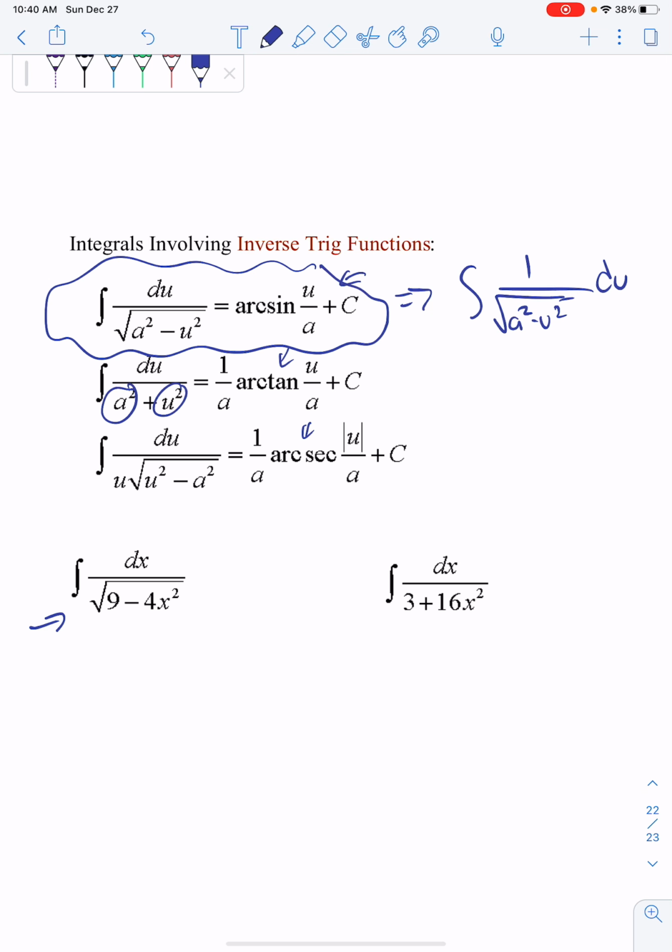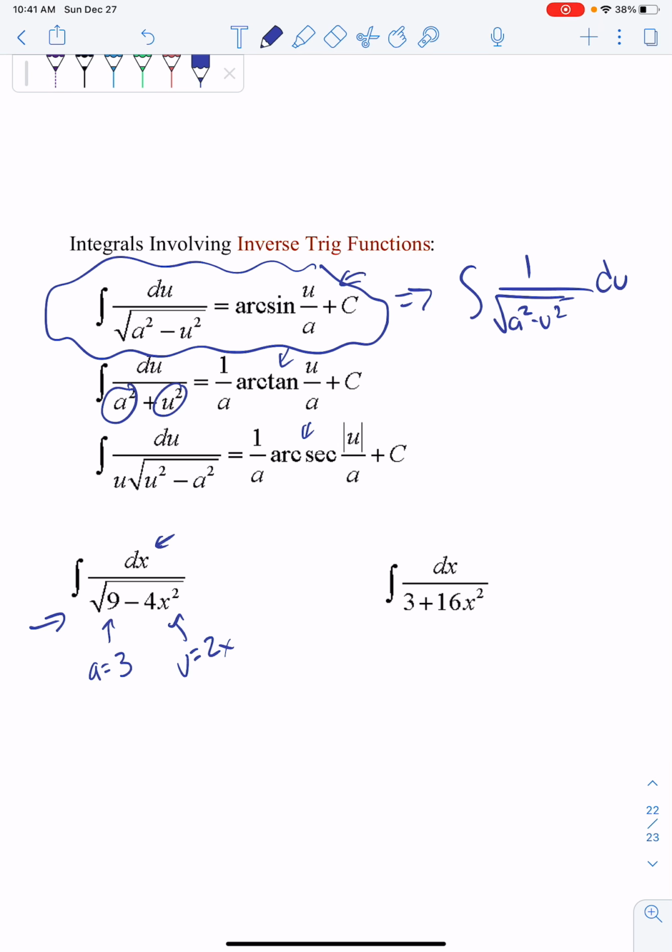So this looks like the first one because on top I have a du. In this case, it's dx. On the bottom, I have root a squared. In this case, a is 3 because 3 squared is equal to 9, minus a u squared. Be careful here because u is actually 2x, because if I square 2x, I end up with 4x squared.